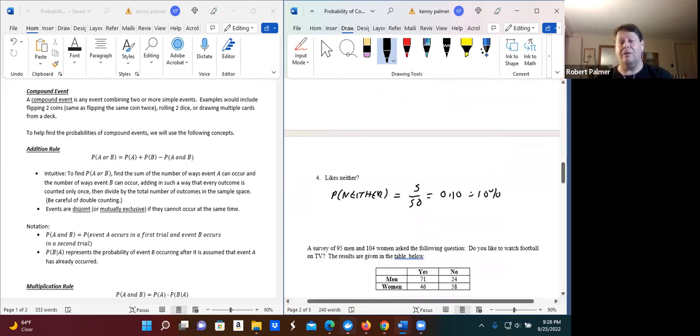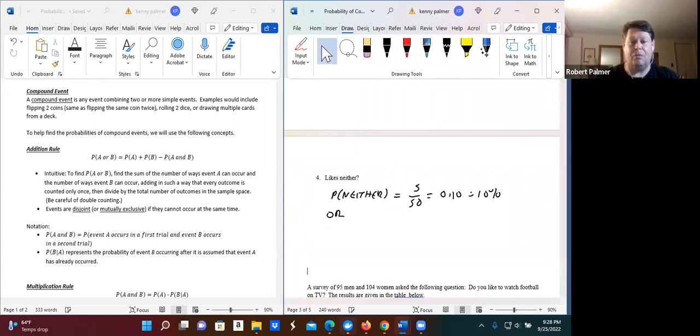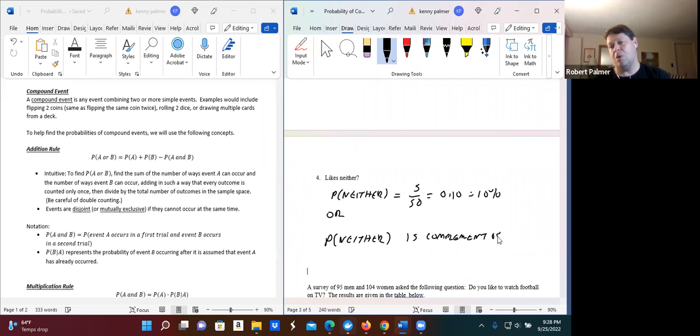Now, another way we can find that same value is the idea of complements. The probability of neither is the complement of the probability of cats or dogs.